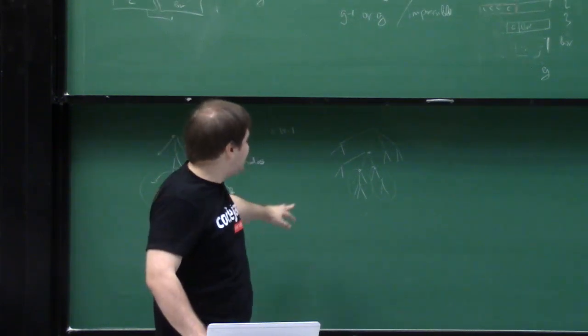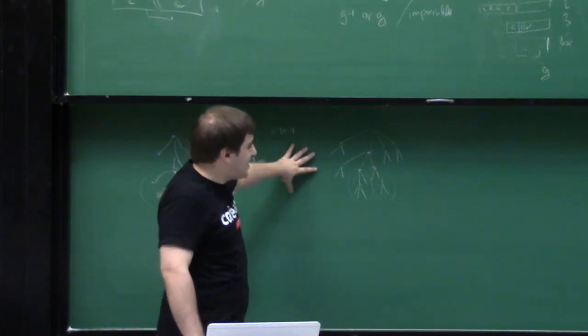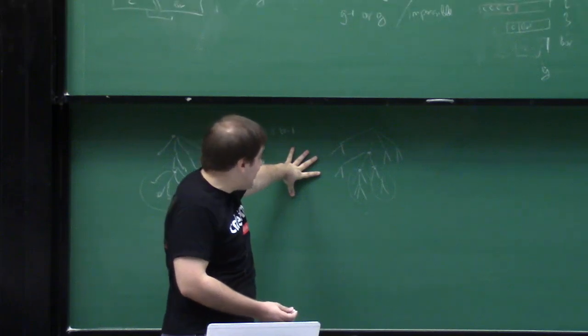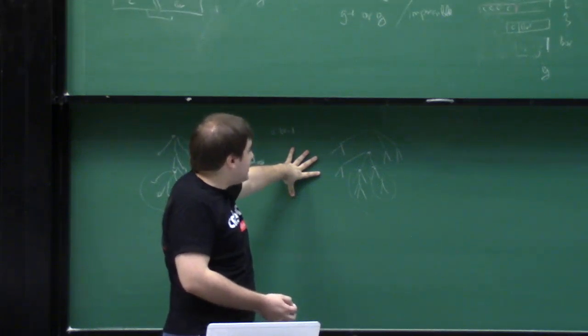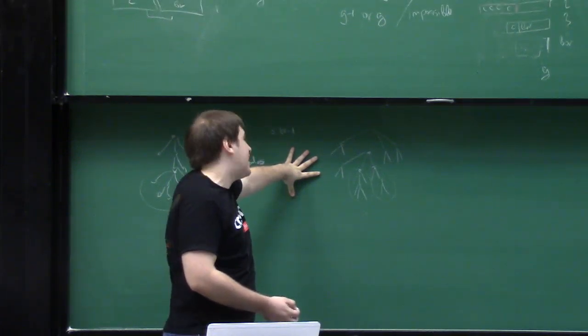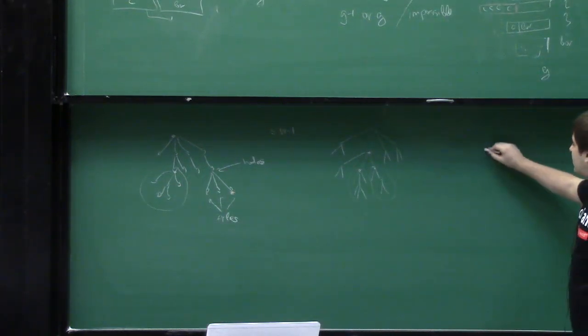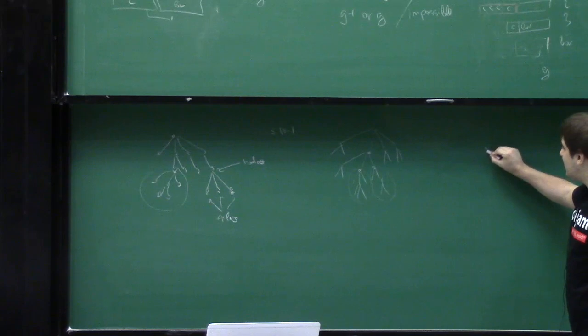So I think this is a correct greedy algorithm. Let's try to prove it. Why may this be correct? Actually, this algorithm has the following property.